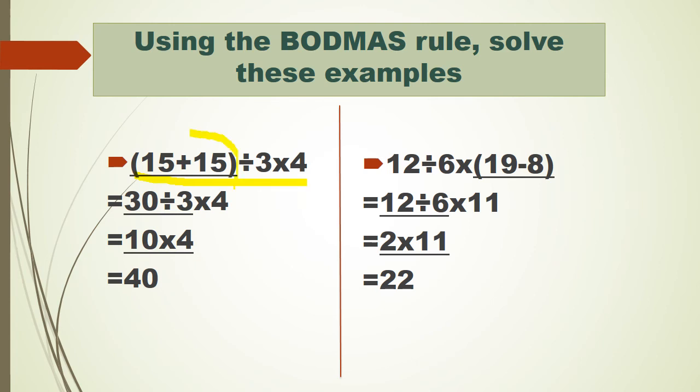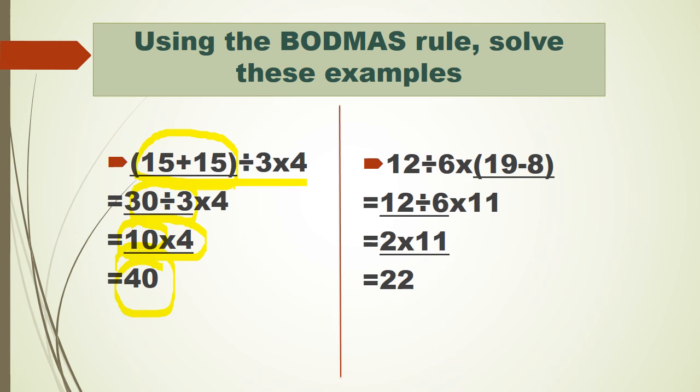So according to the BODMAS rule, first we will solve the bracket. In the bracket, 15 is added to 15 and we get the answer 30. Then we will divide 30 by 3, so we will get 10 as the answer. After that, multiply 10 by 4. Finally, the answer is 40.